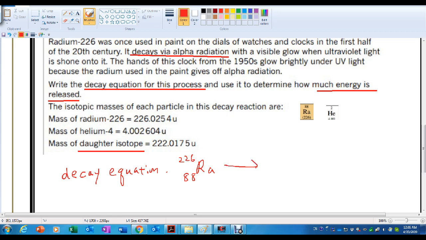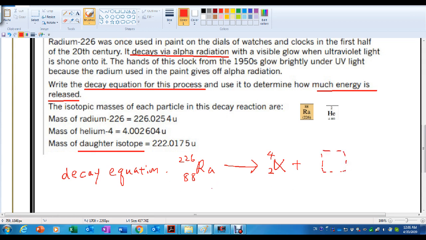When you perform a decay, it always goes like this. That's alpha, but alpha is helium, so you could write alpha or you could write helium. They're the same. One thing here, you need to determine what it is, so of course that's unknown.